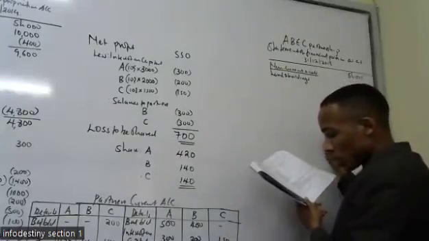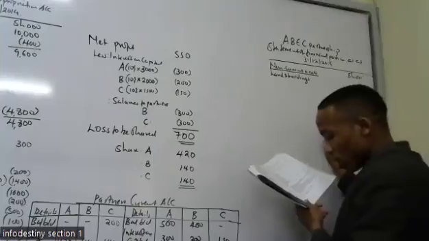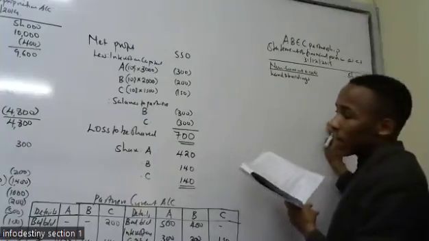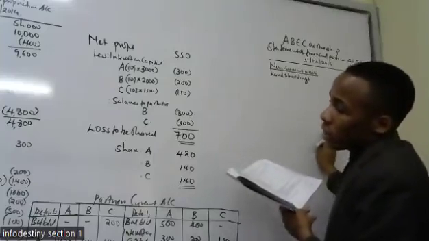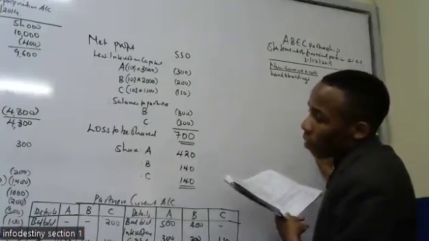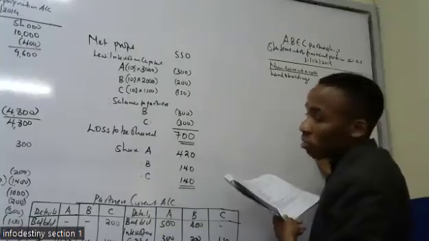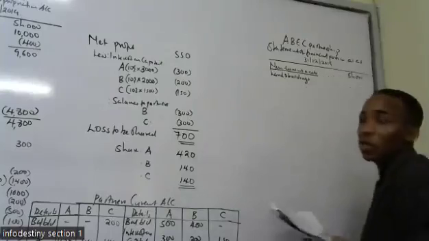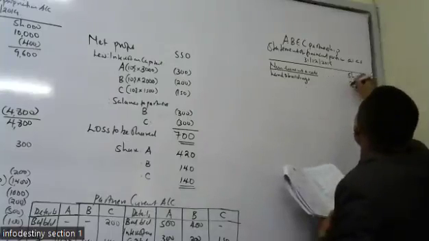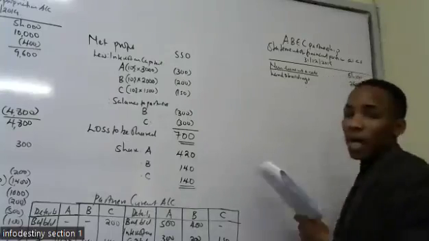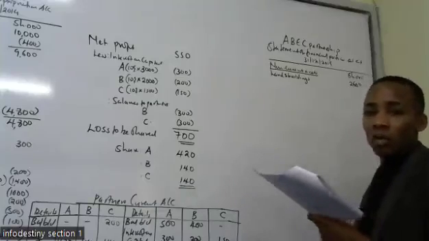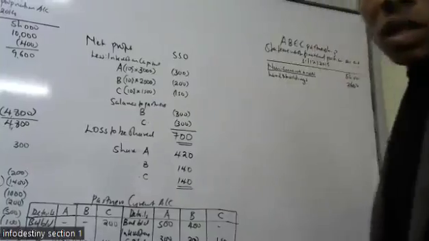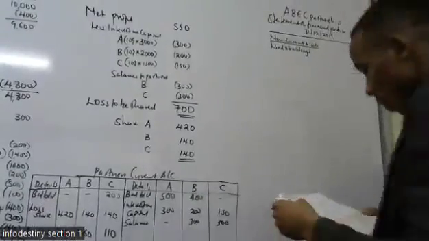So land and buildings, we have 4,000 minus 1,000 accumulated. That is 3,000 minus the depreciation charge for the year of 400. So it's 4,000 minus 1,400, remain with 2,600. That is the net book value.